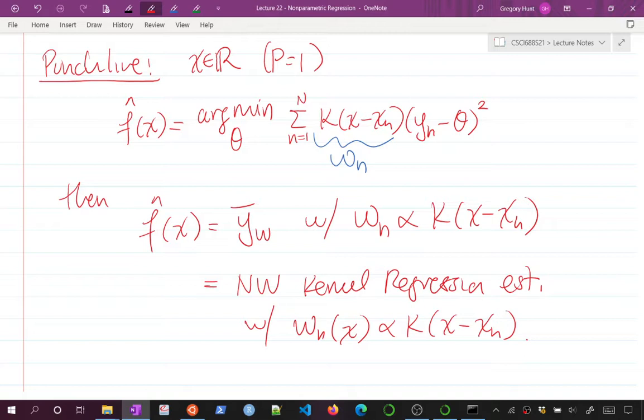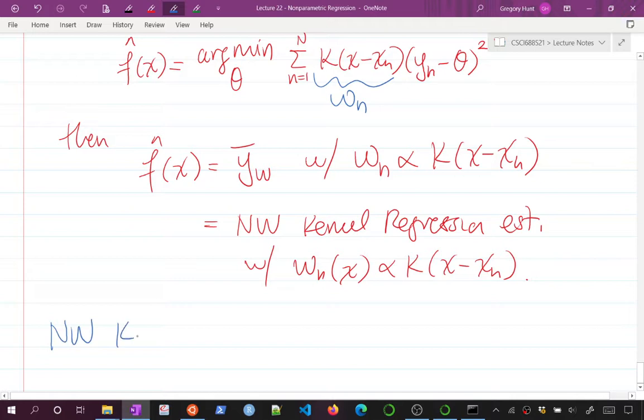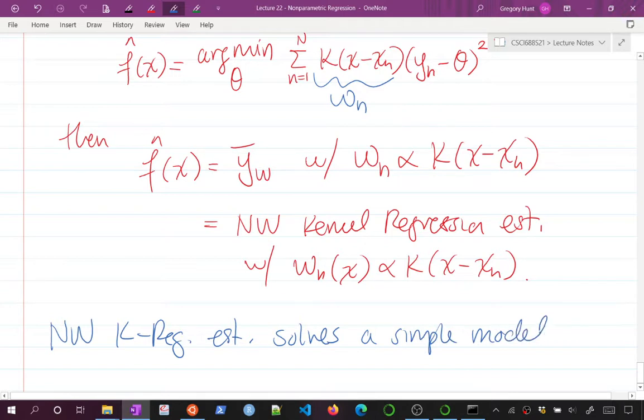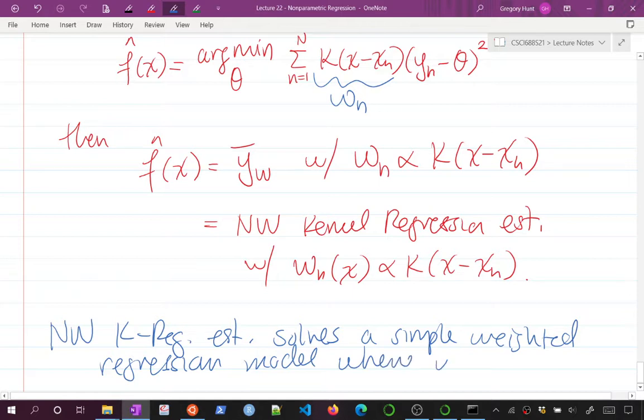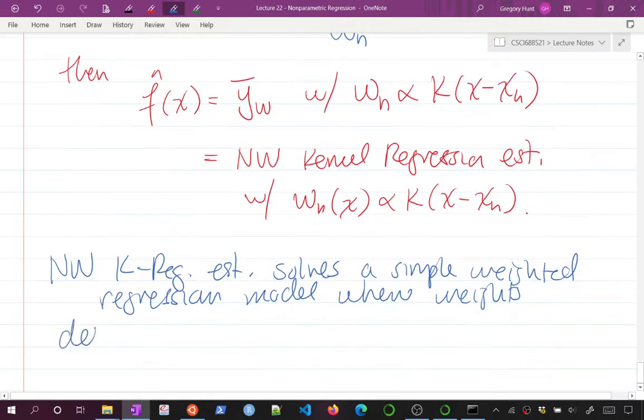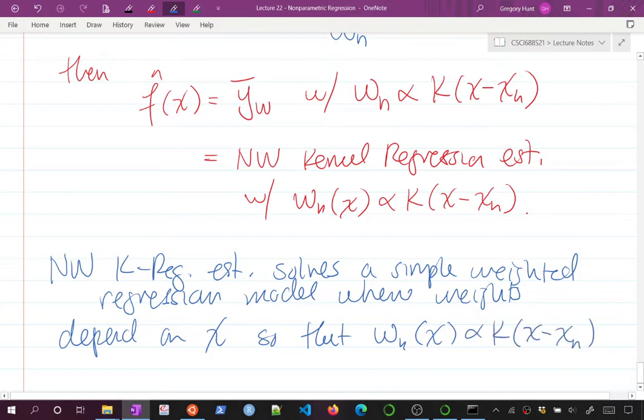So you can view the NW kernel regression estimator as solving a simple weighted regression model, where the weights depend on the x at which we're predicting, so that the weight for the nth observation at the x we're predicting at follows our kernel weighting scheme.